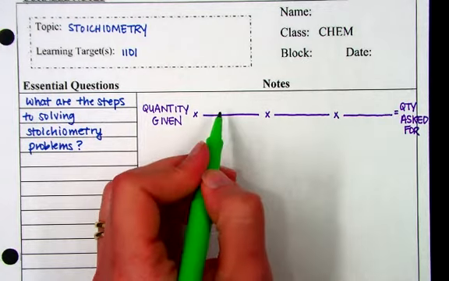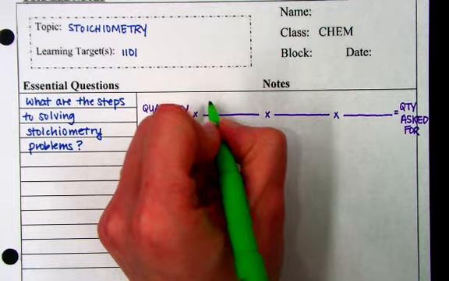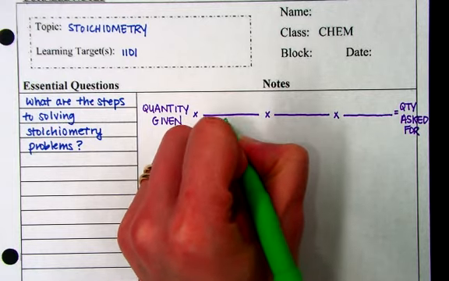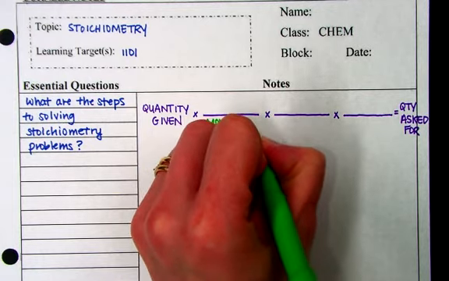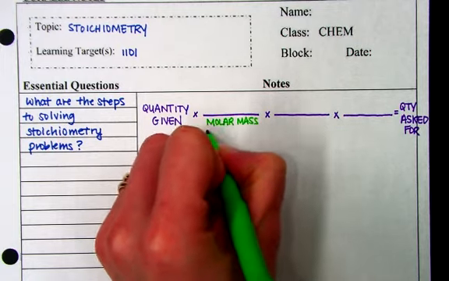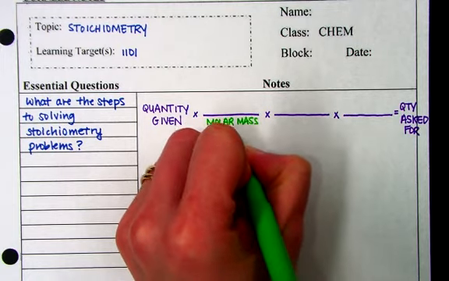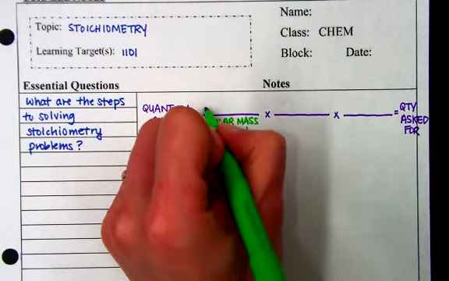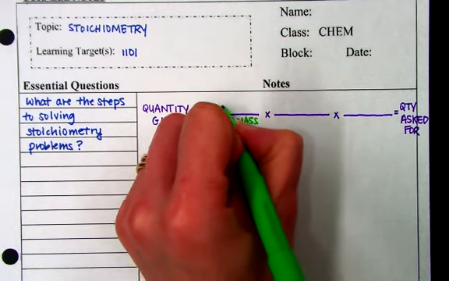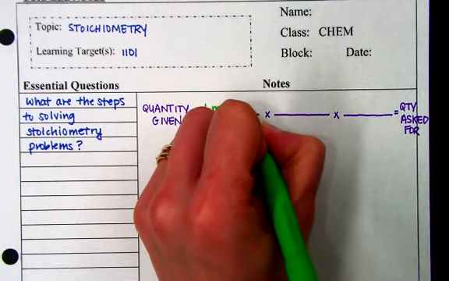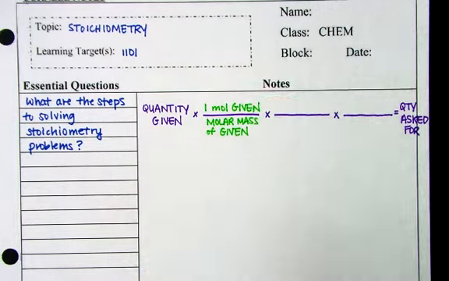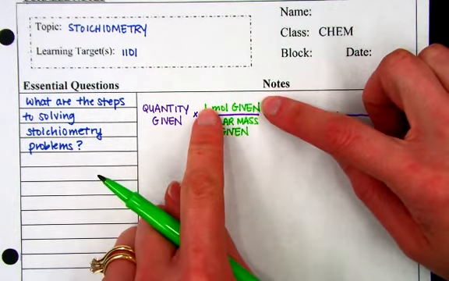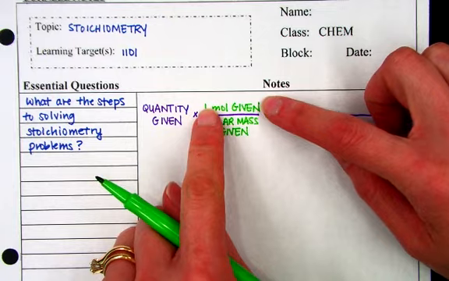This first conversion is always converting using the molar mass of the given chemical. And what's on top is always 1 mole of the given. Remember, if the formulas are the same, the number in front of mole is always 1.